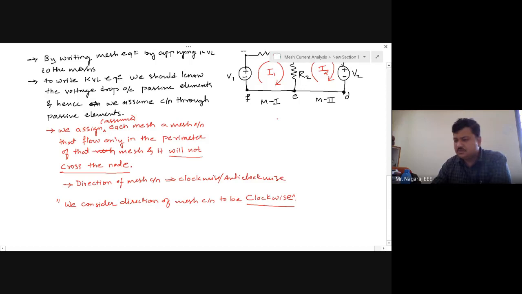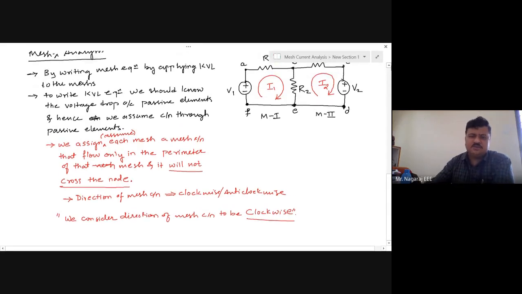Now, there are steps to be followed in writing the mesh equations. Now we know what a mesh current is, what we have to do here. First I should know the number of individual meshes present in the circuit. First I should check whether the circuit is planar or non-planar.